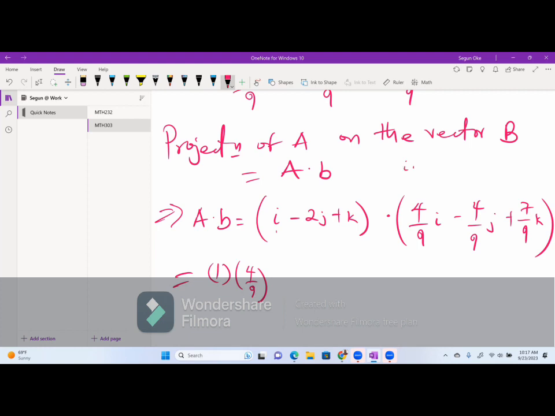Remember, i dot i is equal to 1, right? But i dot j is equal to 0. Don't forget that. So you have it plus minus 2 multiplied by minus 4 over 9, plus 1 multiplied by 7 over 9.